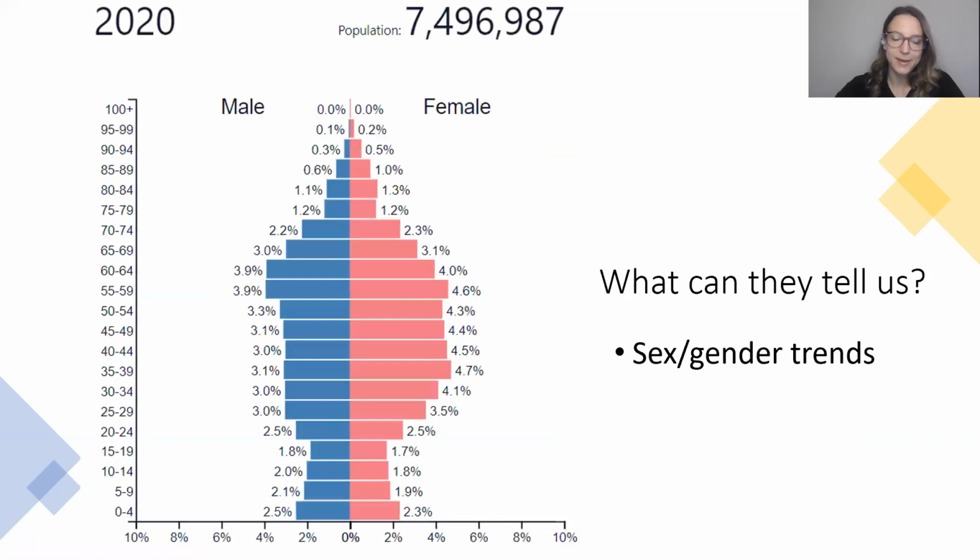Now, another thing that's really interesting to note from these types of population pyramids is to specifically look at the trends by gender, by male and female. What do you guys note for this particular population pyramid? Why is this an interesting example? And I'll tell you in a moment where this is. There's more females, yeah.